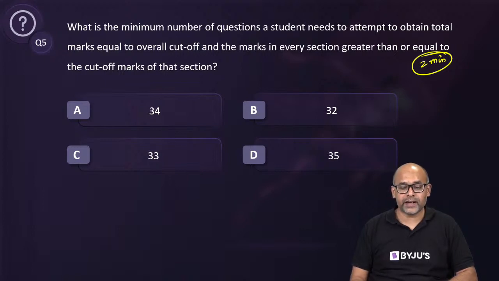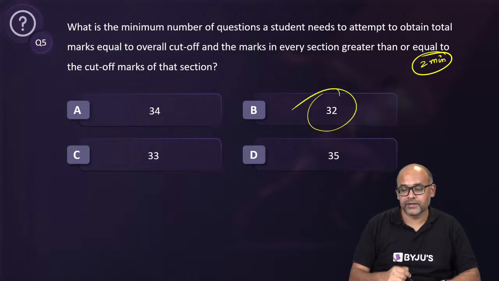Khushbu, 32 is a trap. It's not the correct answer. This is the trap, guys. 32 is a trap.